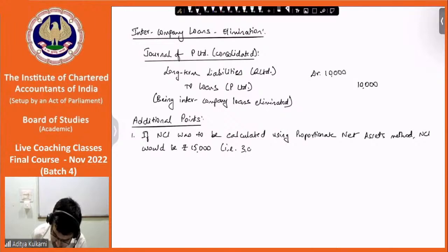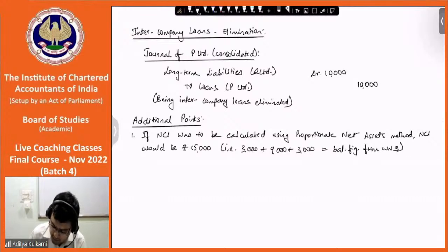That is 3,000 plus 9,000 plus 3,000, balancing figure from working note 3.